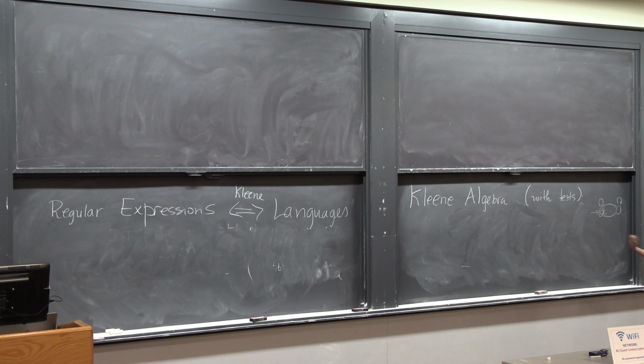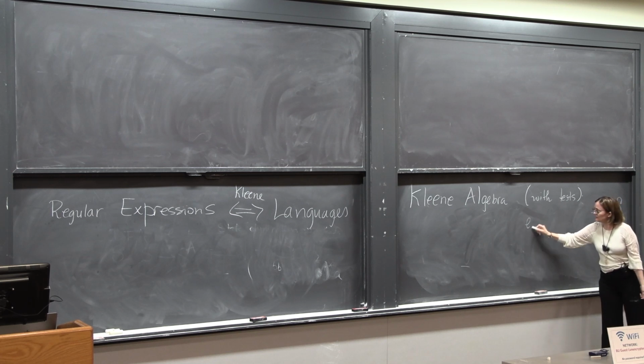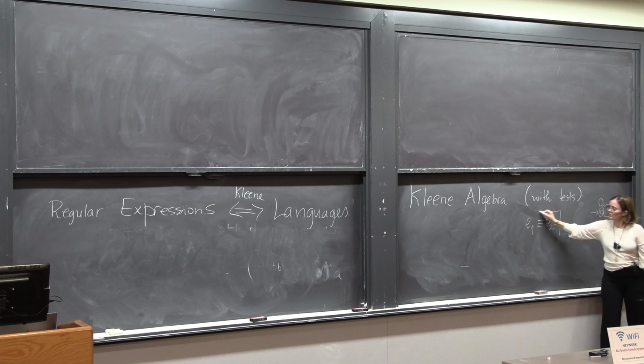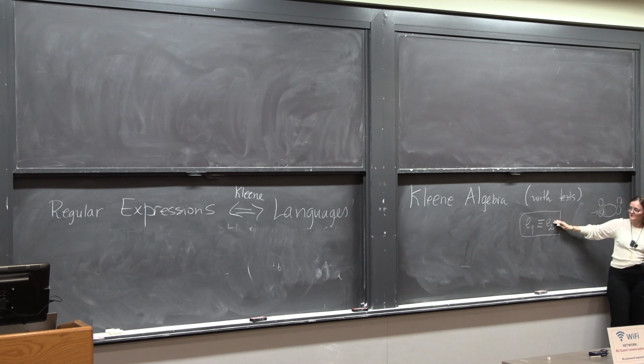But we can think of the expressions as just pure syntax, and we might want to reason about the syntax. So the question that Kleene left open in his paper was: is it possible to write a finite number of equations that allow me to always answer this question? Given two regular expressions, is one equal to the other?